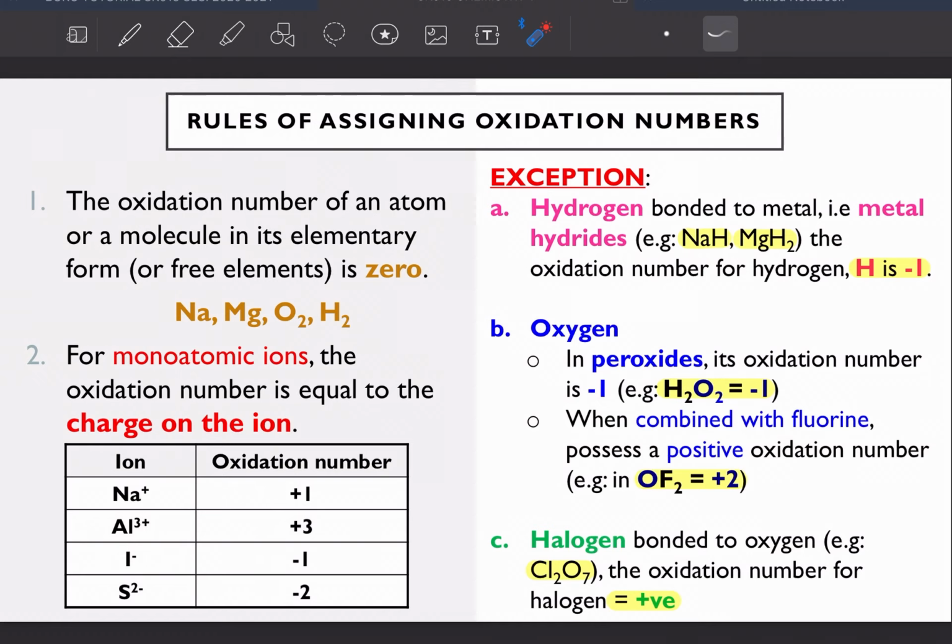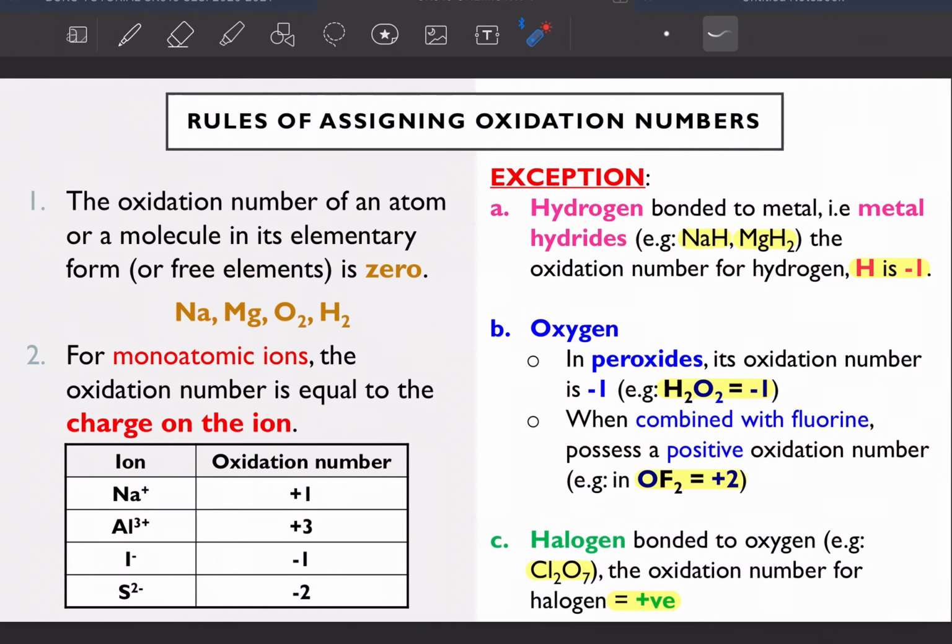So first rule is that the oxidation number of an atom or a molecule in its elementary form atau free element. Elementary form maksudnya paling basic, paling lowest energy form is 0. Okay, so let's say if you have an atom like sodium, magnesium, okay, they will have 0 oxidation state.